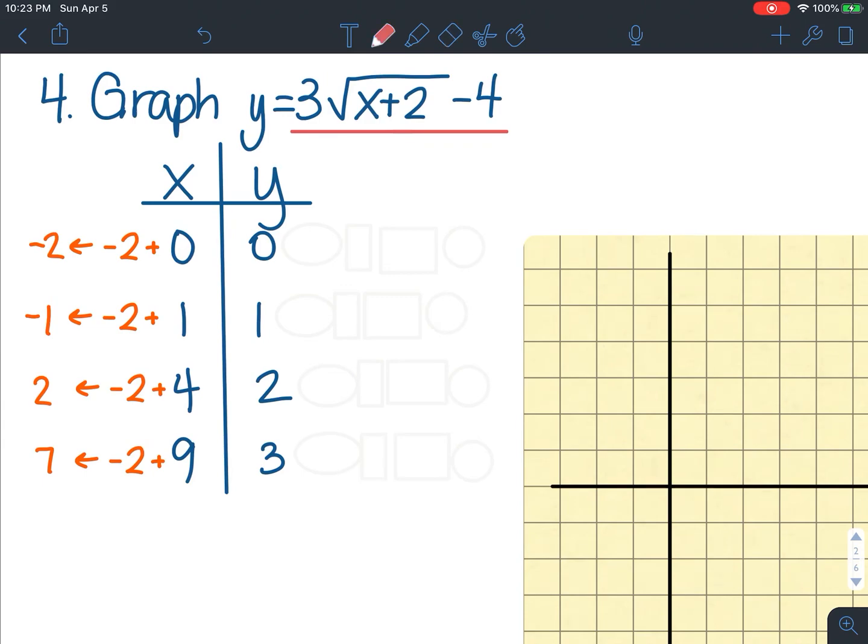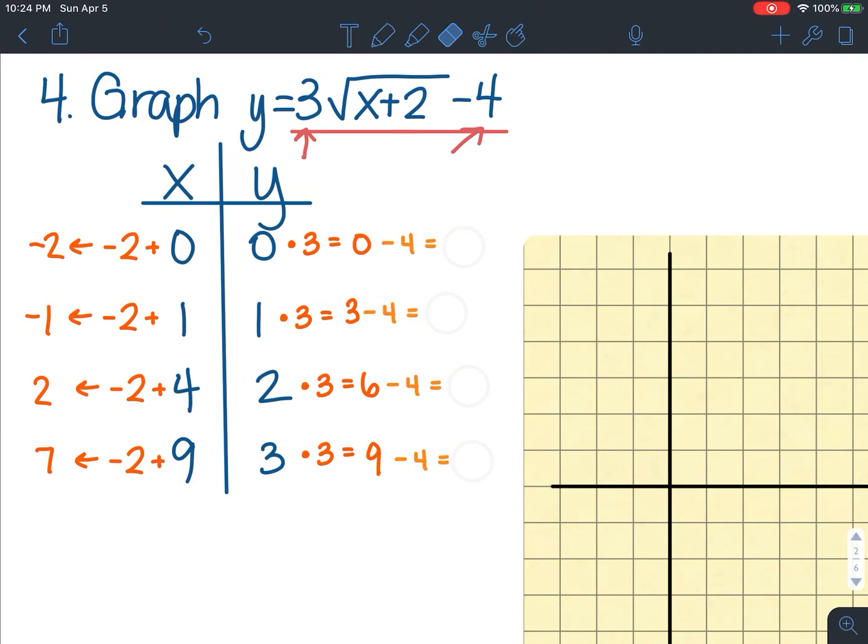And now there's going to have to be 2 changes to y, because the y's will have to get multiplied by 3 and then subtracted by 4. So first times by 3. So 0 times 3 is 0, 1 times 3 is 3, 6, 9. And then we're going to subtract 4 from all of these: -4, -1, 2, 5.